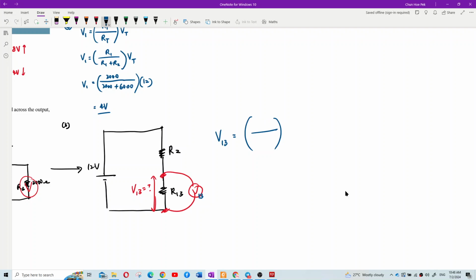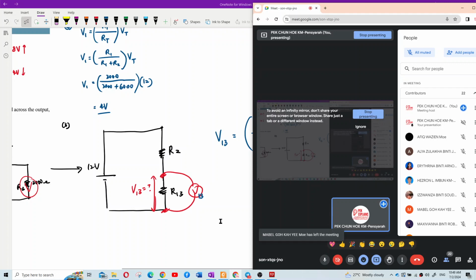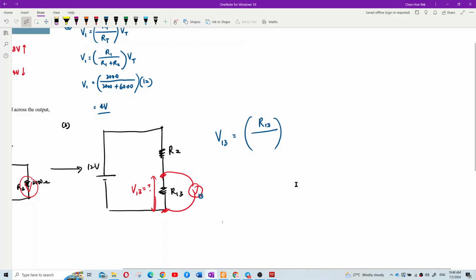What I'm writing, you see, I'm blur already. This is R13. Okay, class. I'm wrong, but you'll never correct me. Everybody is so silent. That's why I feel like I'm talking alone here. Don't know you are listening or not.